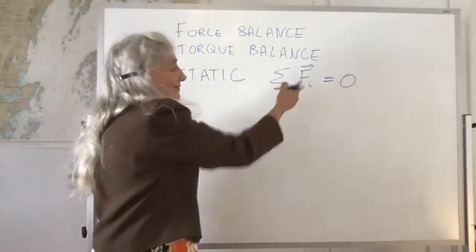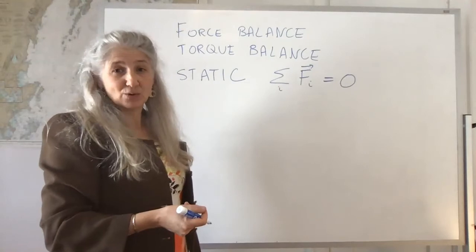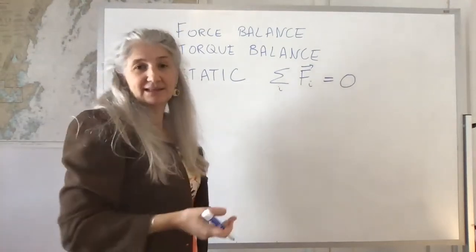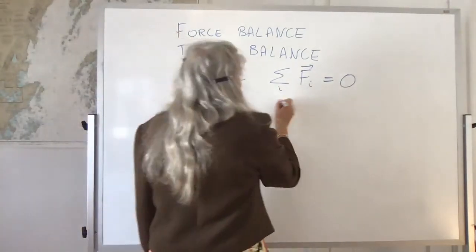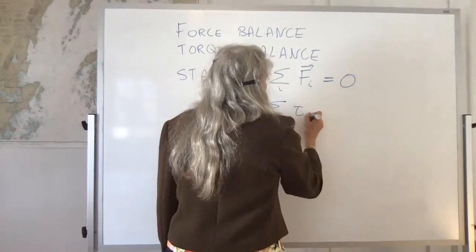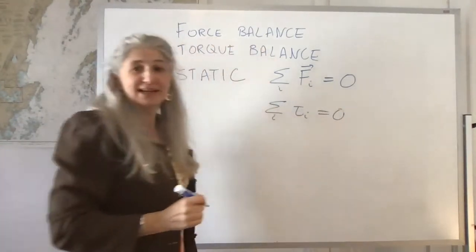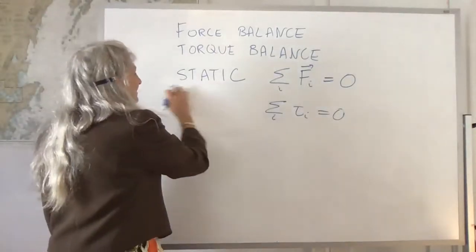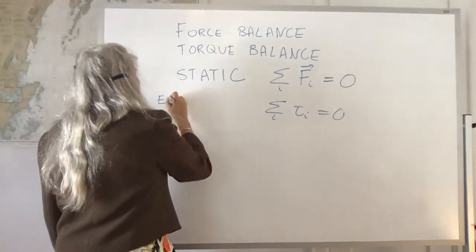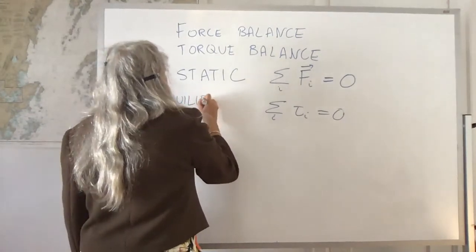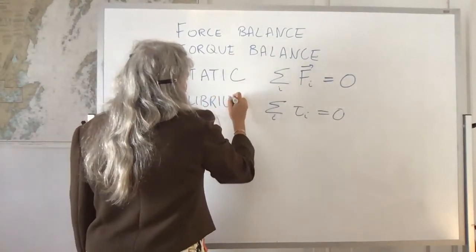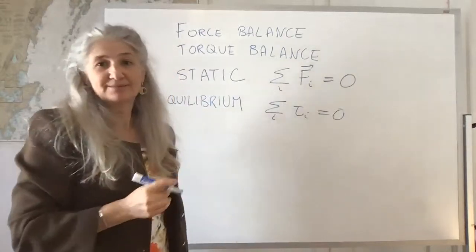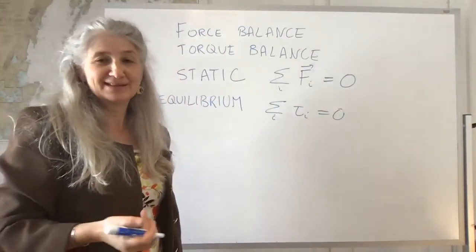And the sum of all the torques on every object in the ensemble has to be zero. Otherwise, things would start to rotate. Another way of describing this situation is equilibrium. All the forces cancel out, so things don't move.